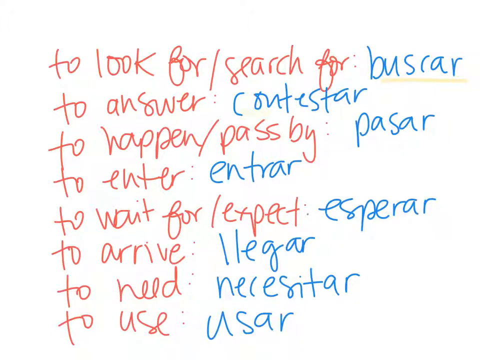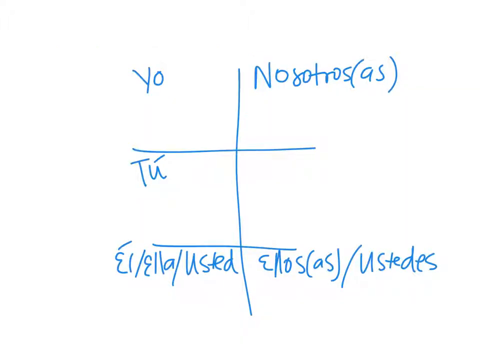Buscar, contestar, pasar, entrar, esperar, llegar, necesitar, and usar. So when you see the regular AR verb chart, you should have that memorized really quickly.